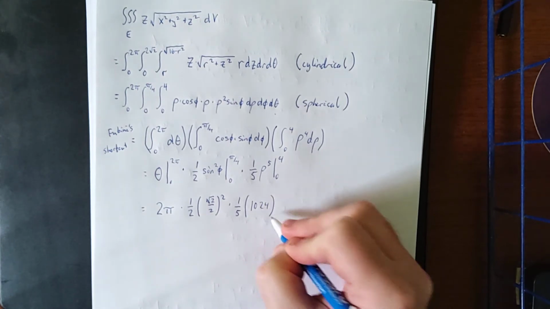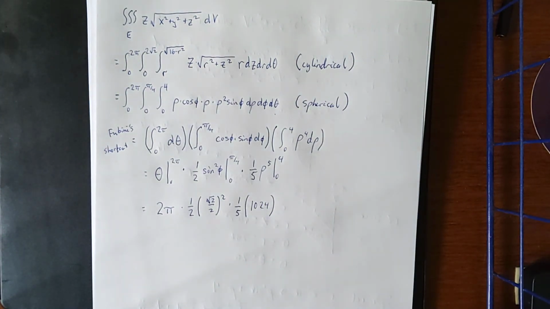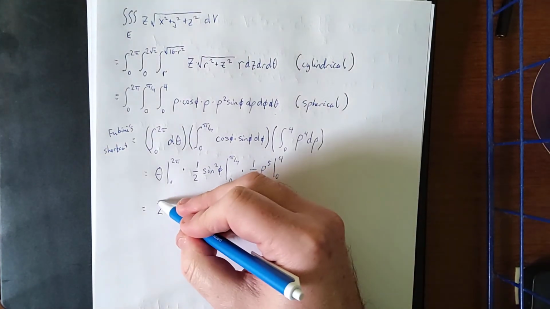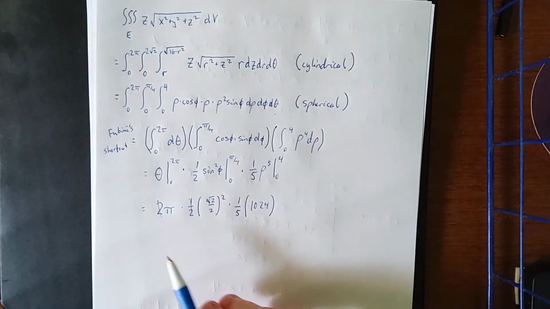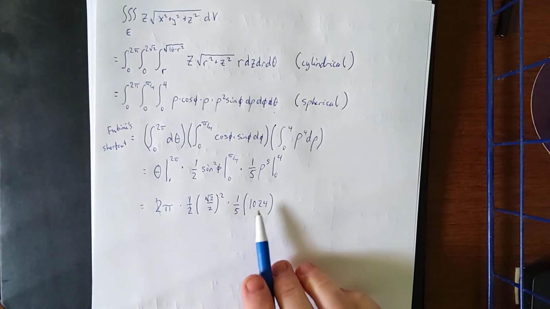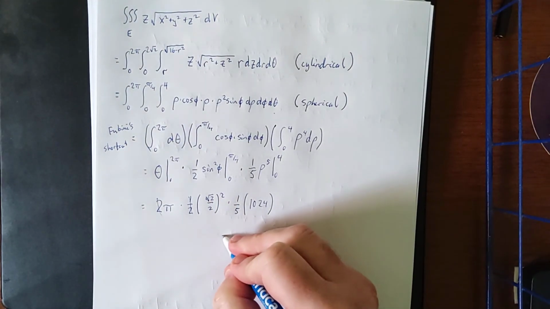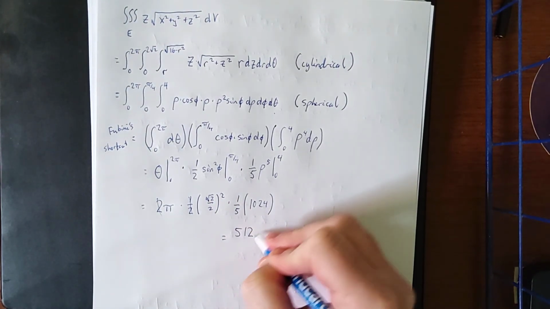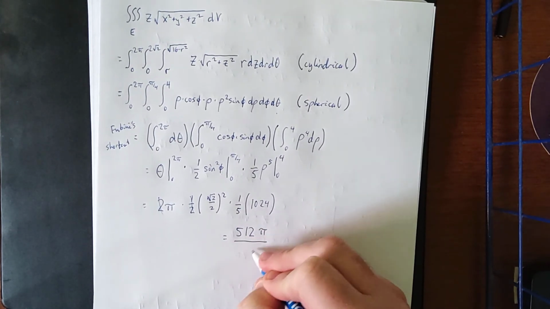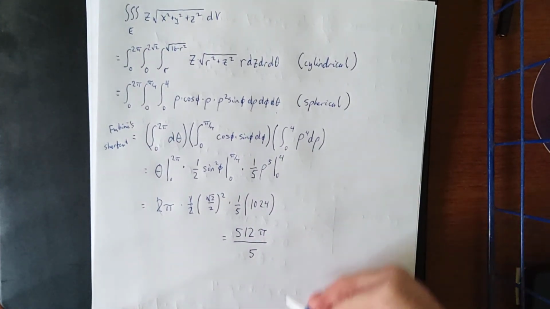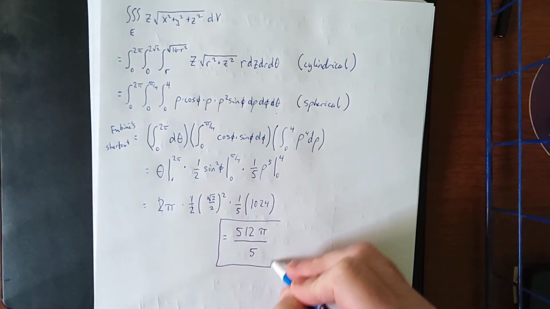That'll be 1024. So let's see if we can simplify this. We can take out a 2 with a 1/2. We'll have a pi left over. This is also 1/2. Half of 1024 is going to be 512. Still have a pi, and that'll all be over 5. So final answer for this one.